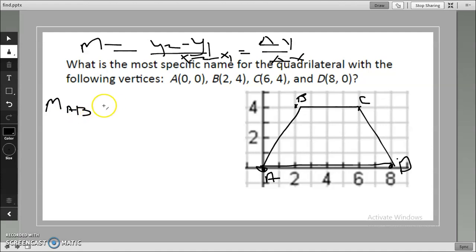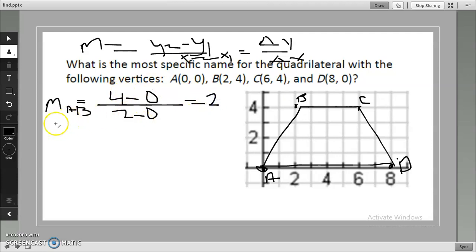It doesn't matter which one you make the second point, you're going to get the exact same answer every time. So with B being my second point, my y2 is 4 minus 0, which is my y1, over 2 minus 0, and I get 4 divided by 2, or 4 over 2, which is just plain old 2.